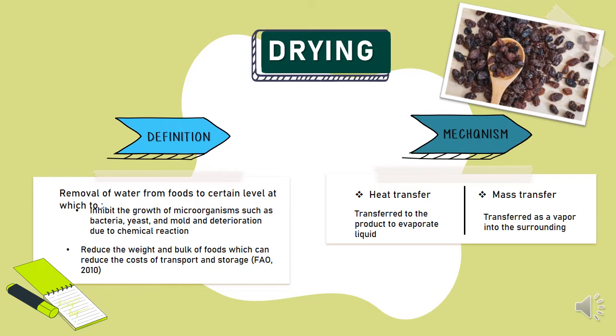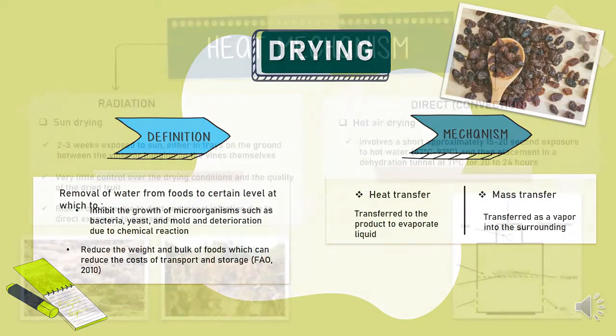There are two mechanisms of drying, which are heat transfer and mass transfer. Heat transfer is where heat is transferred to the product to evaporate the liquid in the product, while mass transfer is where mass is transferred as a vapor into the surroundings.